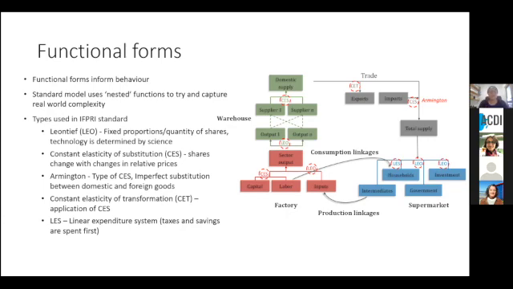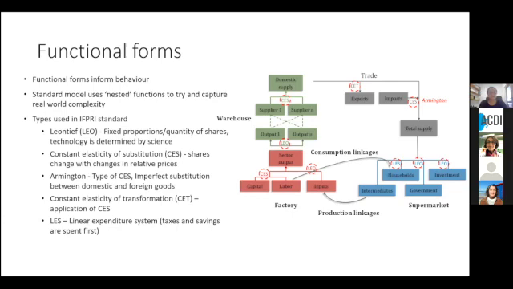The Armington and constant elasticity of transformation functions are used within the trade component of the model. So the Armington function is a type of CES that governs the change in imports for a given relative price change between imports and domestically produced goods. The Armington function also enables the idea of imperfect substitution between domestic and foreign goods.